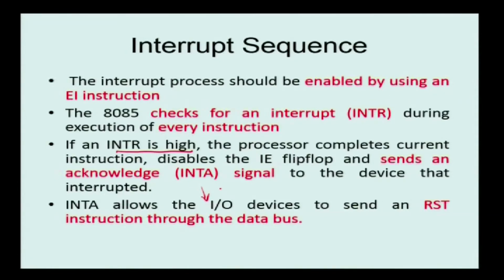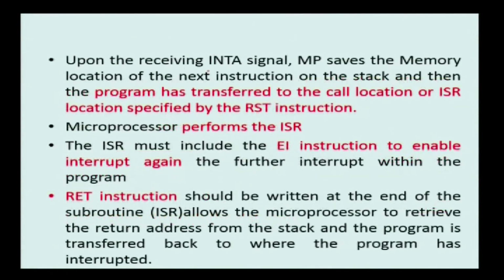In the fourth step, the INTA signal enables the IO device. Now the IO device will send the RST signal, because this is a software interrupt. Upon receiving the INTA signal, the MP saves the memory location of the next instruction on the stack, then the program is transferred to the call instruction or the interrupt service routine instruction, which is calculated from the RST.